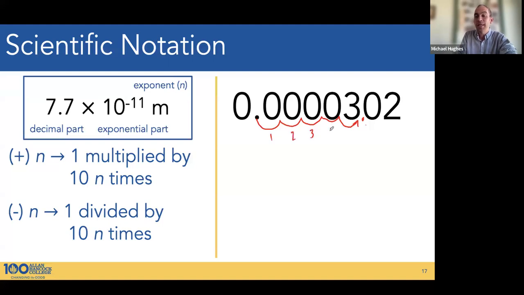But this time n is negative, because we'll be dividing by 10 5 times. And so this number will be 3.02 times 10 to the negative 5th.